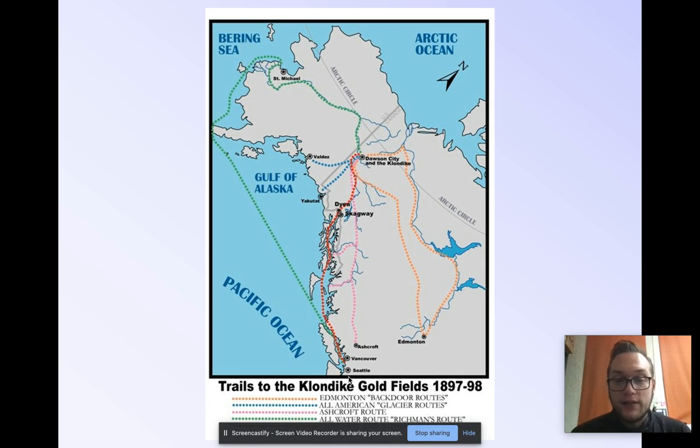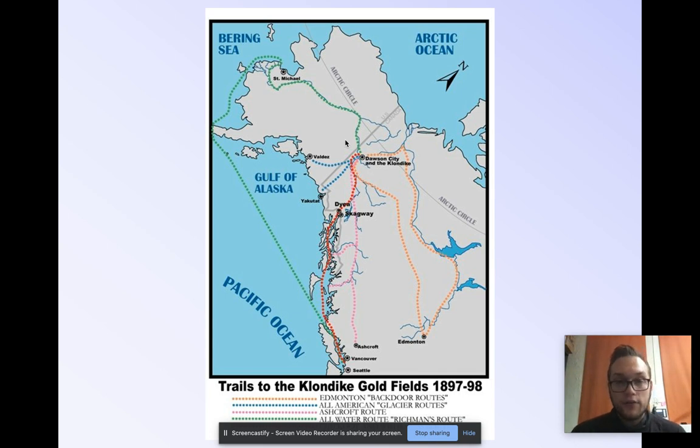And I want you to see they do not go by boat. They travel all by land. Just look at exactly how much distance is between Seattle and getting to Alaska, the place where you're hopefully going to make it rich because there's a gold rush going on.